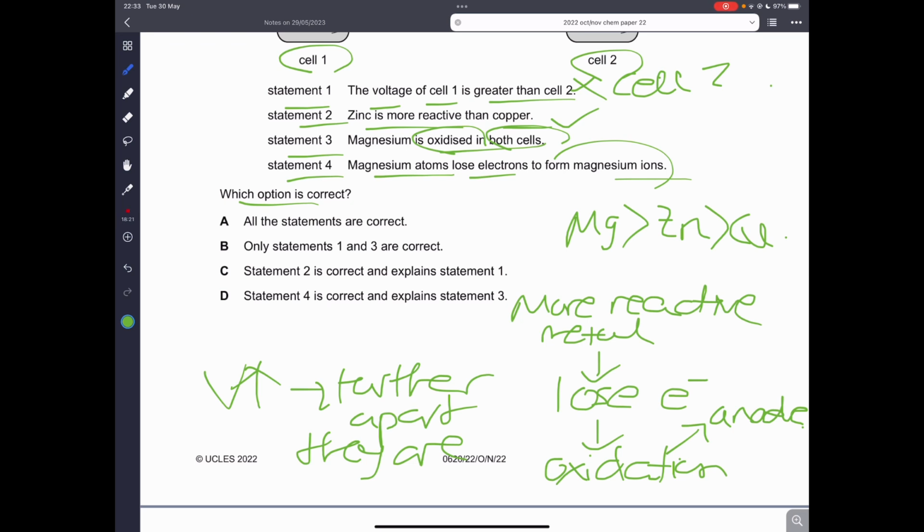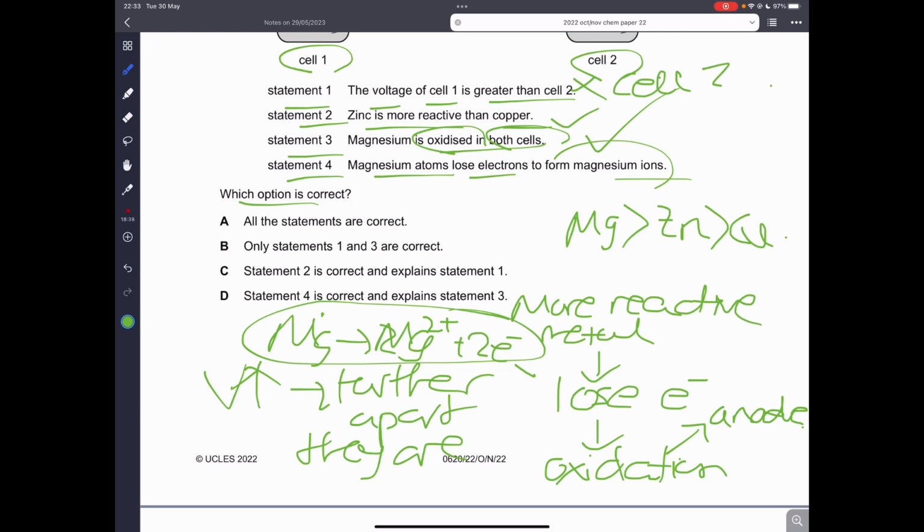So the magnesium is going to be oxidized, Mg to Mg2+ plus 2 electrons. This is the general formula for both of the cells. So statement 3 is also correct.